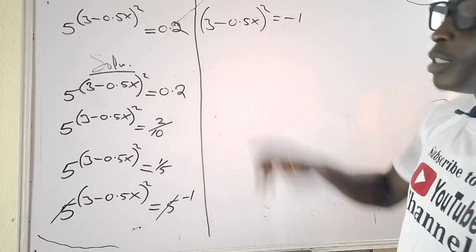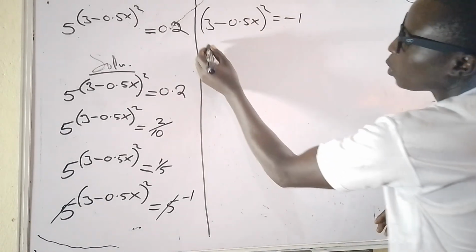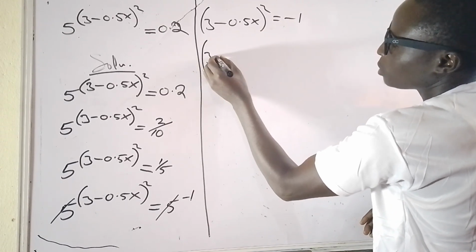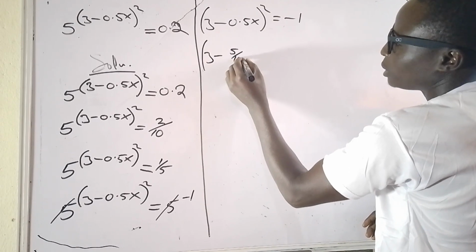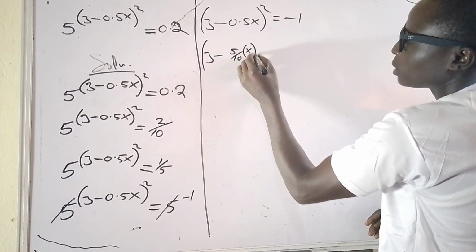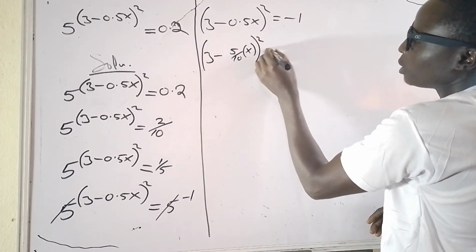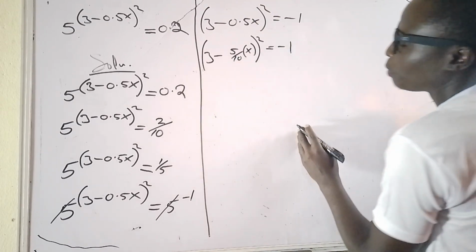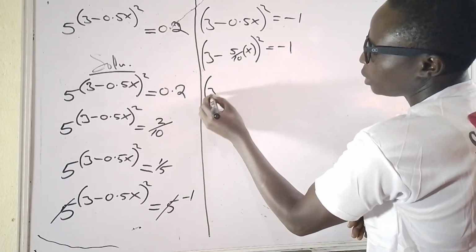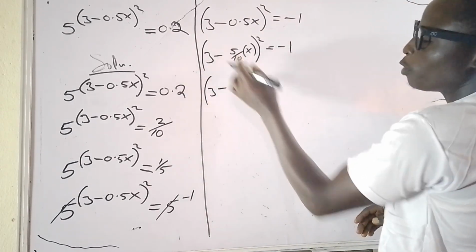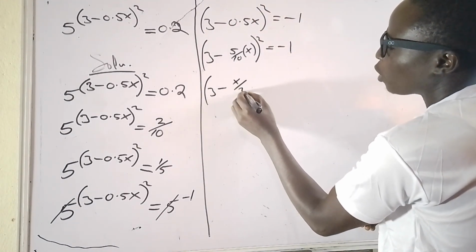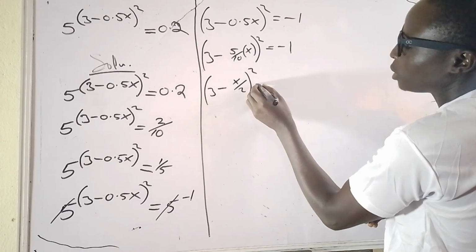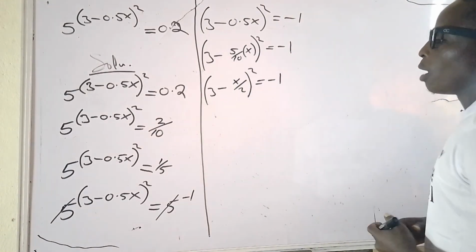This 0.5 is the same thing as 5 over 10. So I can rewrite it as (3 minus 5 over 10 multiplying x), whole in bracket, is equal to minus 1. Then 5 over 10 is 1 over 2. So this is (3 minus x over 2), squared, is now equal to minus 1.